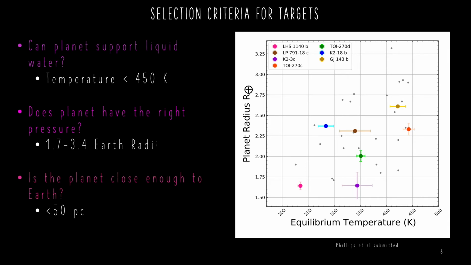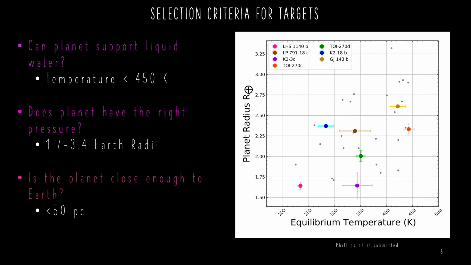Before we can even see whether we can detect ammonia, we first have to select targets. We've used three main selection criteria, and for the first one, we ask three questions: can the planet support liquid water, does the planet have the right pressure, and third, is the planet close enough to Earth.